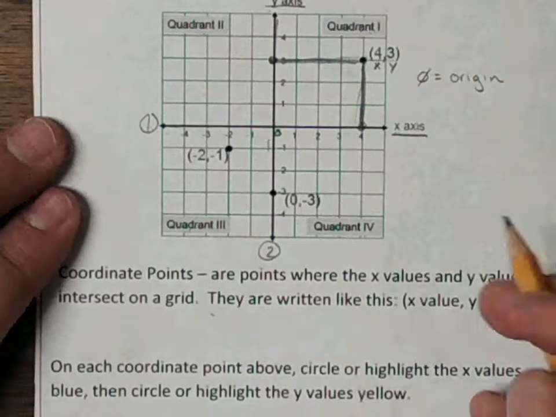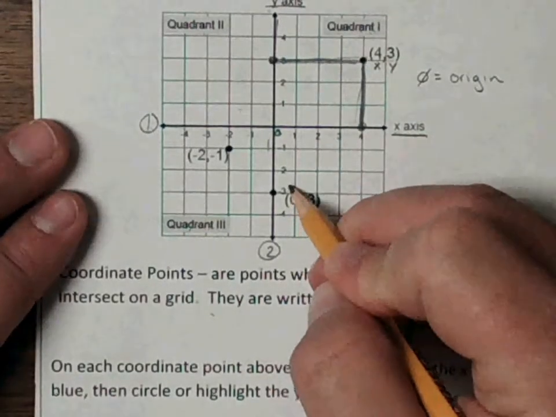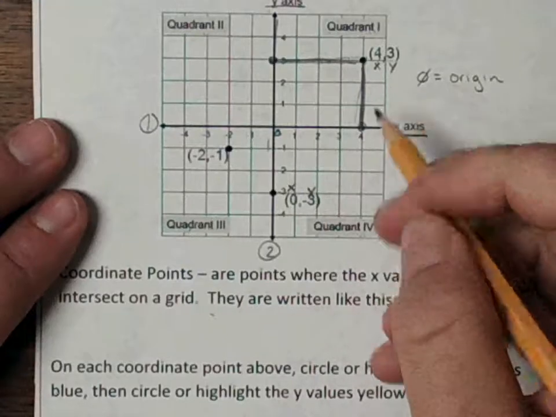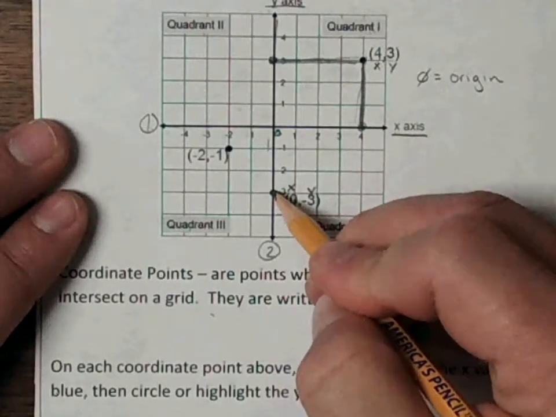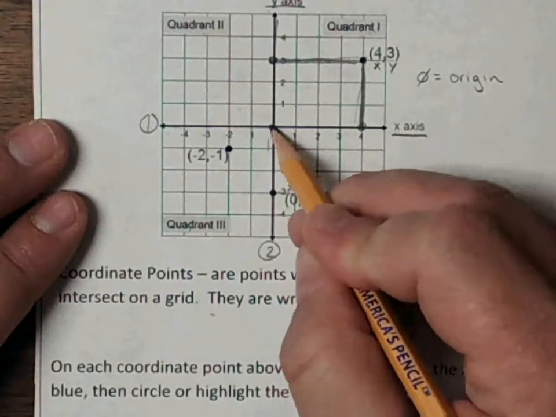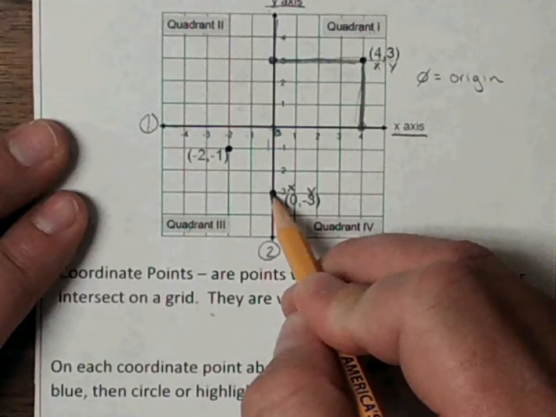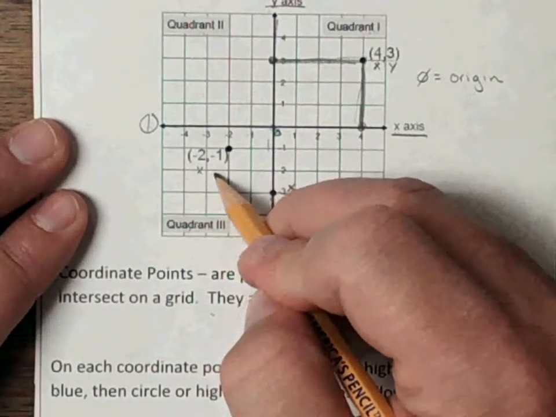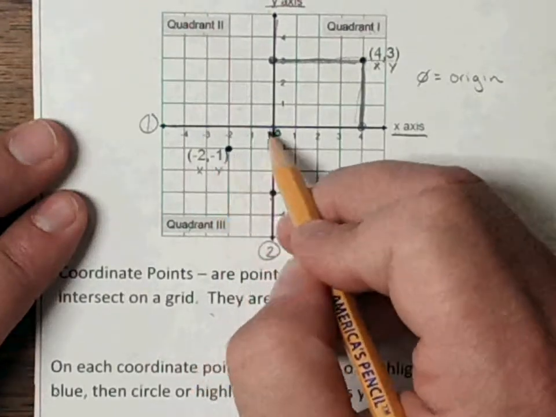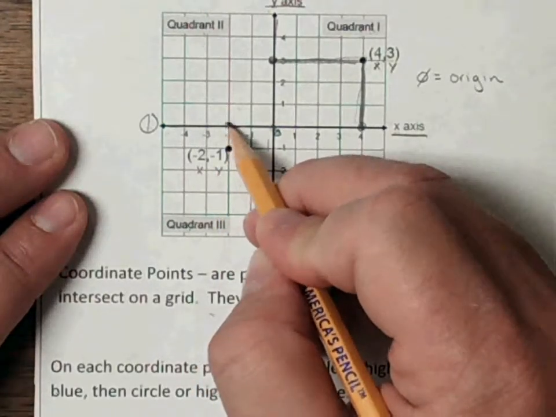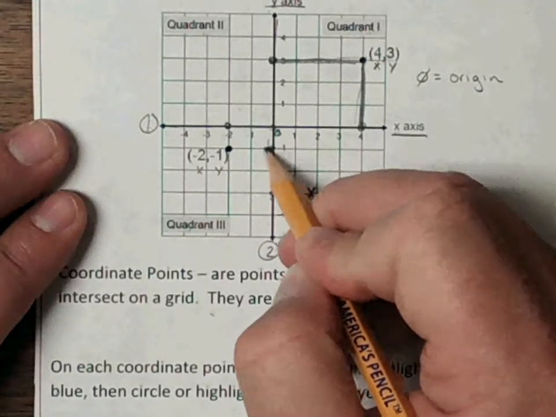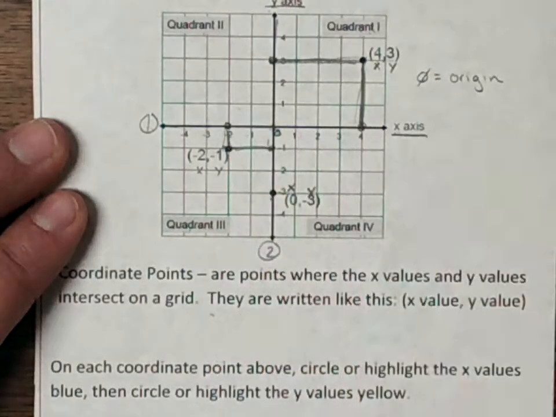Okay? This is our x value and our y value. Our x value, 0, intersects -3 right here at this point. This is our x and our y value. Our x value, -2, intersects our y value of -1 right there.